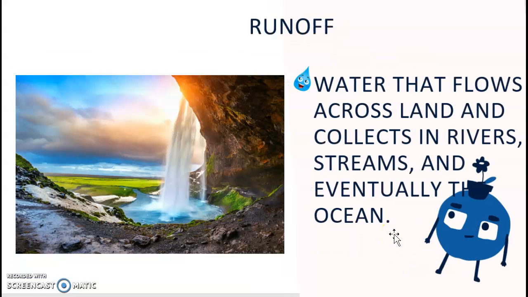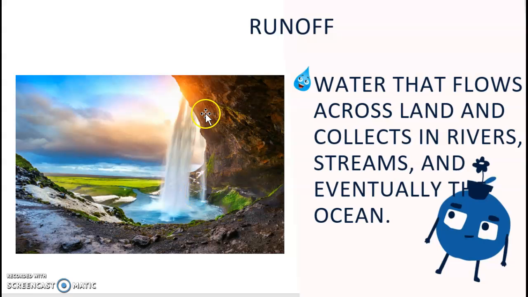Runoff. During precipitation, water is falling down to the surface of the earth. Once this water reaches the ground, it flows across land, and it is collected in rivers, streams, and eventually the ocean. They usually move downhill, okay?